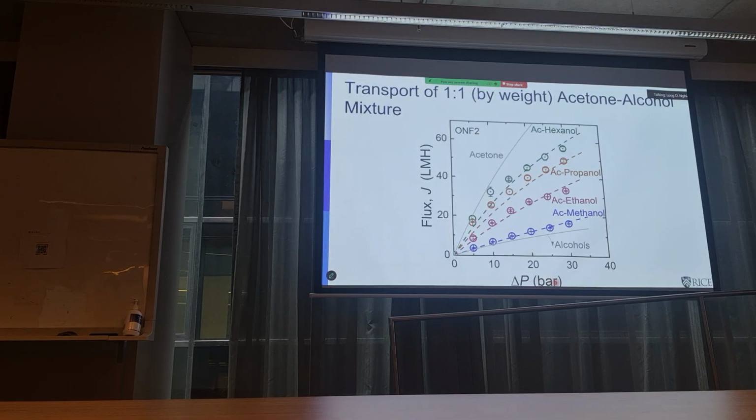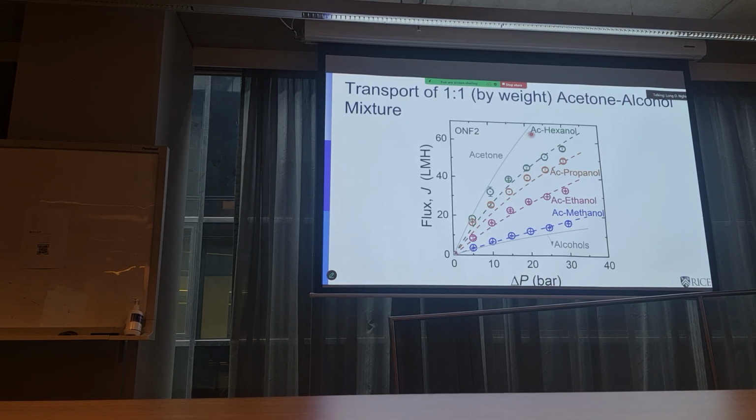Now another behavior that is quite intriguing: here we do a mixture. Let's have a mixture 1 by 1 by weight of acetone with any of these alcohols. Here acetone and hexanol, acetone and propanol, acetone and ethanol, and all of them at 1-to-1 mass ratio.